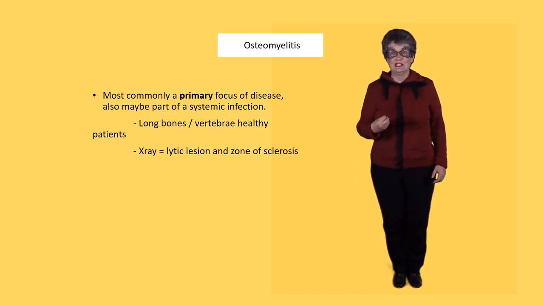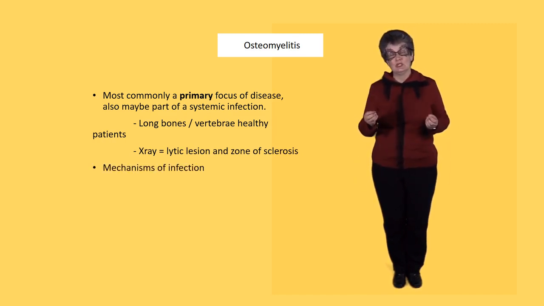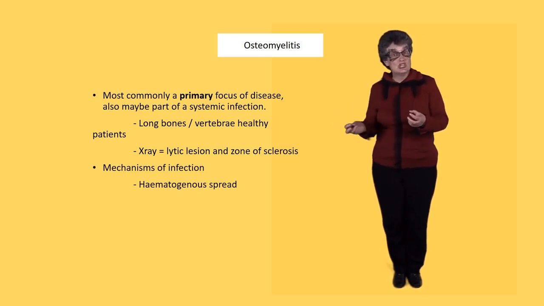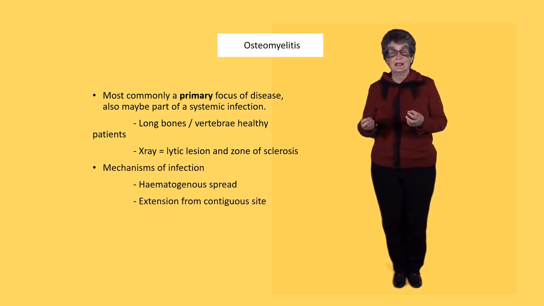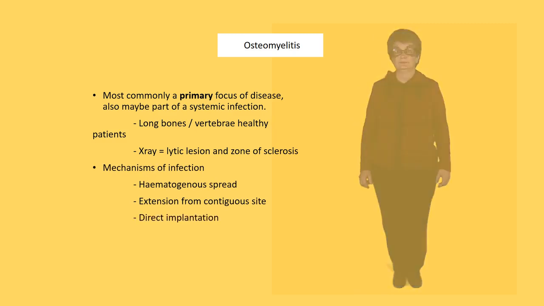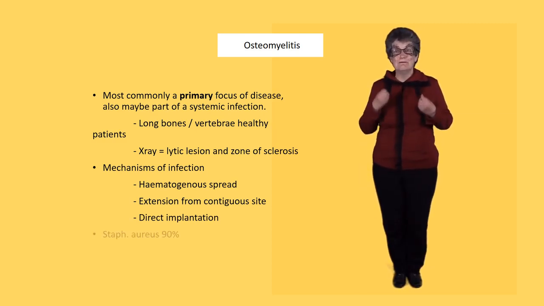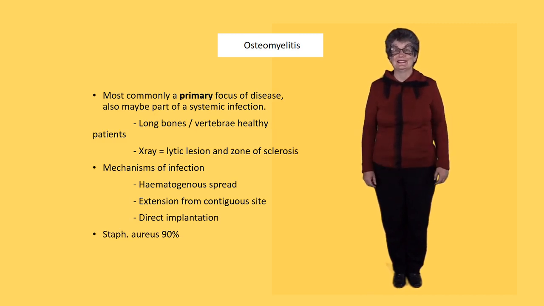Infection can get into bone either by hematogenous spread from a septicemia or extension from a contiguous site. Sometimes it can happen through direct implantation. The organism that causes osteomyelitis is Staph aureus in about 90% of cases.